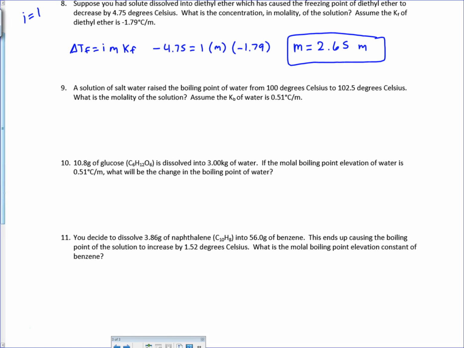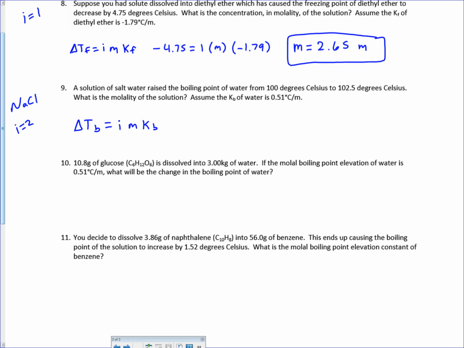Problem number 9. Similar problem. We're going to try and find the molality. It's NaCl because it says it's salt water, so we know that i equals 2. We're going to deal with the change in boiling temperature equals i times the molality times your boiling point constant.